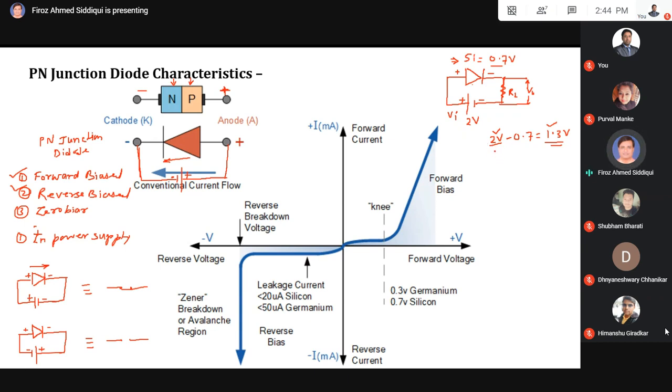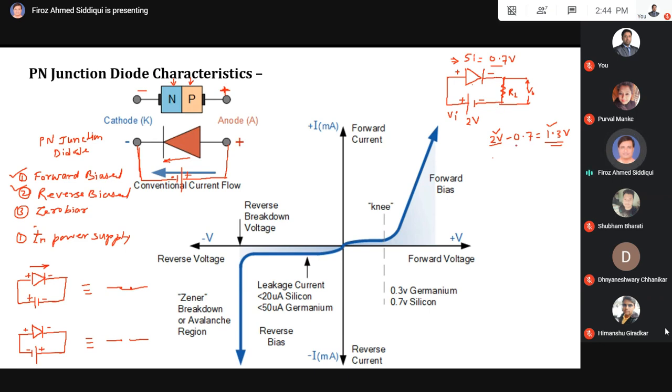because if we consider the diode as an ideal diode, then if you apply a voltage across the diode, it will switch on and act like a short circuit, and if this diode is a short circuit, then the current directly flows through the load resistor.